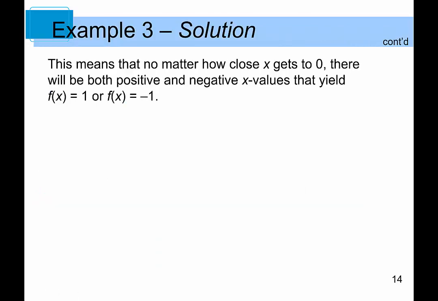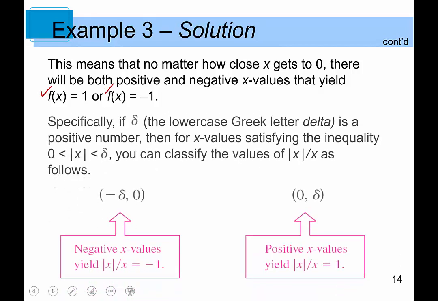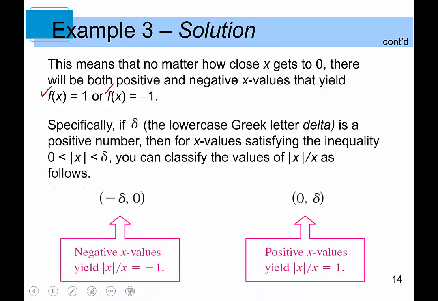This means that no matter how close x gets to 0, there will be both positive and negative x values that yield f of x equals 1 and f of x equals negative 1. So that means the limit does not exist.